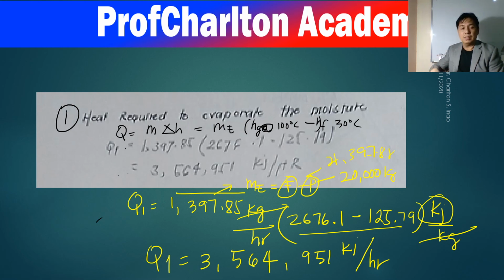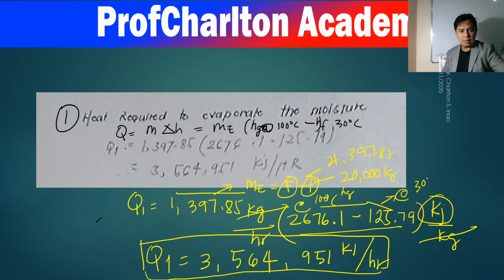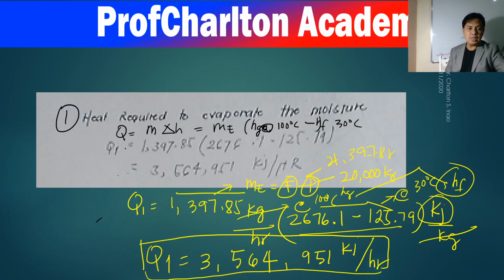I think it's very clear what this heat is all about: the heat required to evaporate that water. The feed minus the product is the mass, and then the difference in enthalpy. At 100 degrees centigrade we can get the Hg, and at 30 degrees centigrade we can get the Hf. So Hg minus Hf is Hfg.